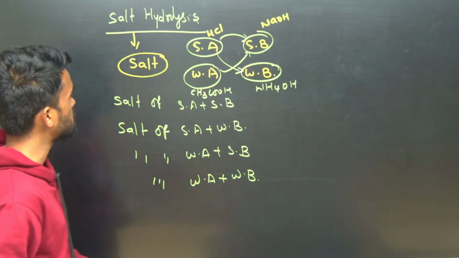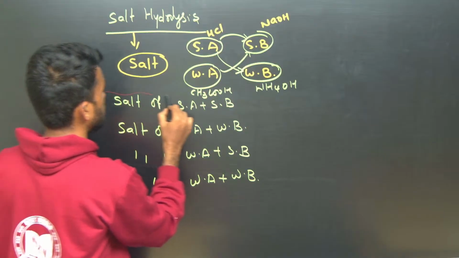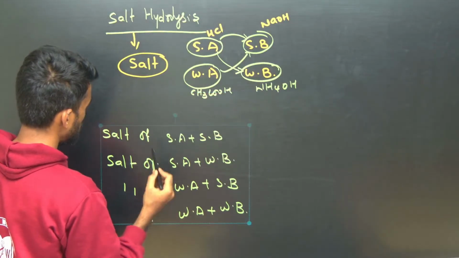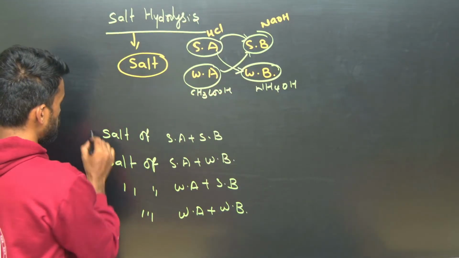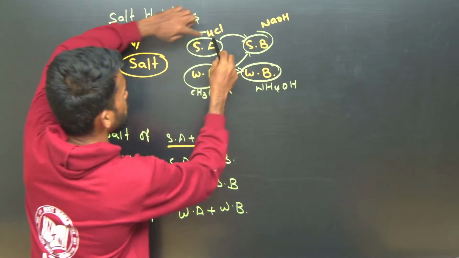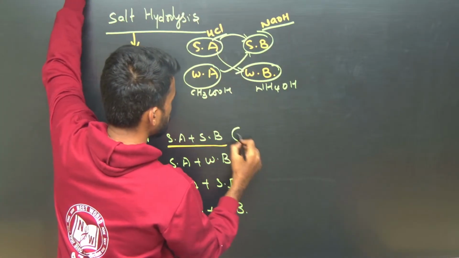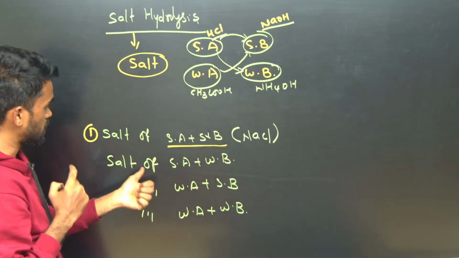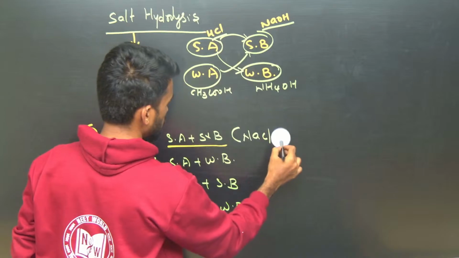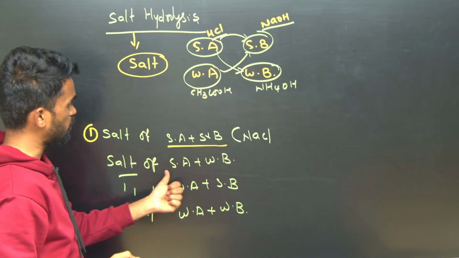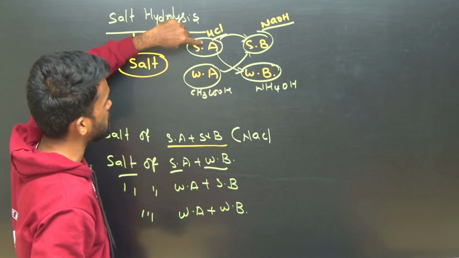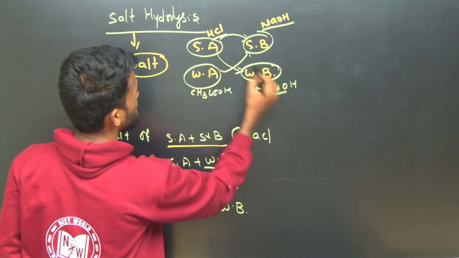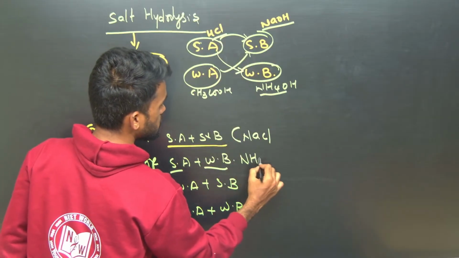Okay, so now mix them and tell me what we will get here. First one, salt of strong acid and strong base. When HCl and NaOH react, we will get NaCl. Next, salt formed from strong acid and a weak base. Strong acid HCl, weak base, so we will get NH4OH plus HCl gives NH4Cl.